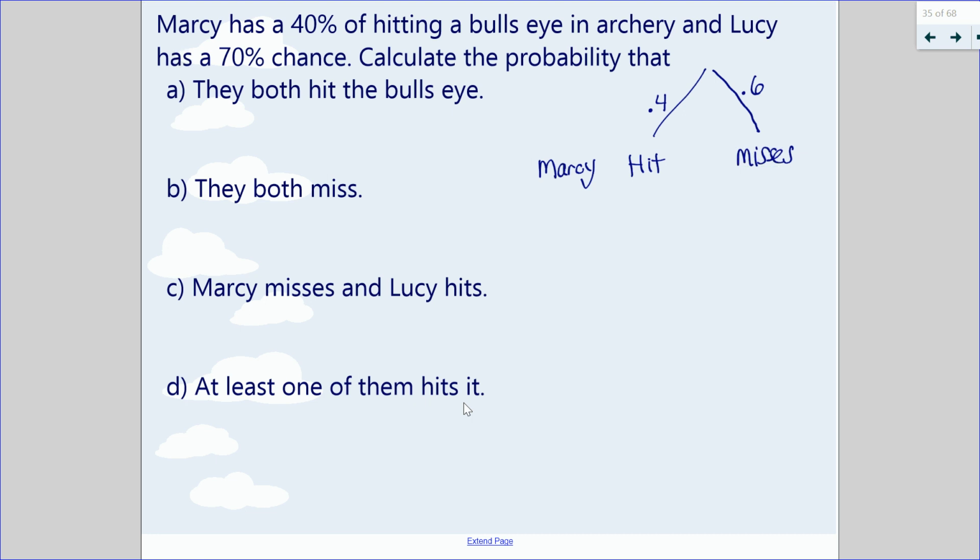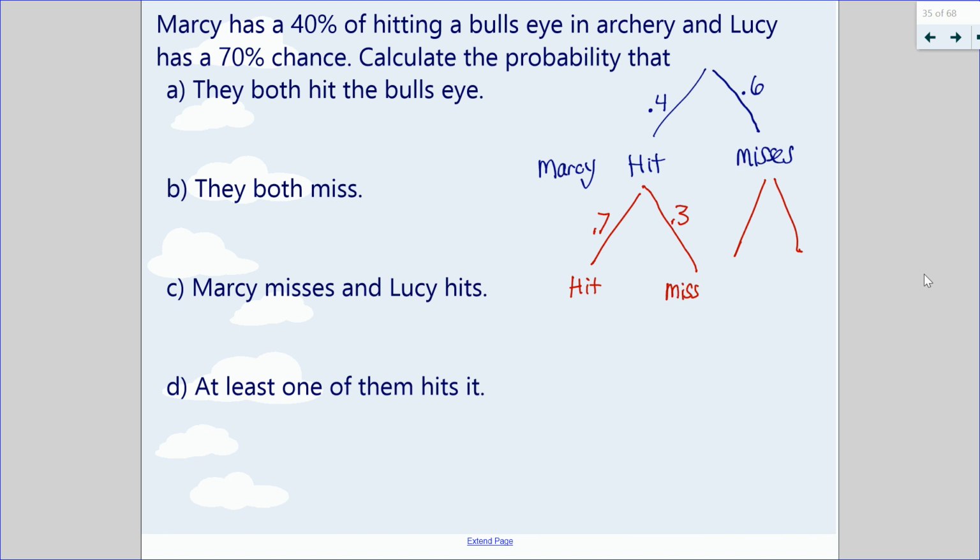Now imagine Lucy goes up to the dartboard. After Marcy, if she hits, either way, Lucy will go up. If she misses, either way, Lucy will go up. That's why we put little branches going off, hit or miss, either way. Because Lucy's better, she has a 70% chance of hitting, 30% chance of missing.